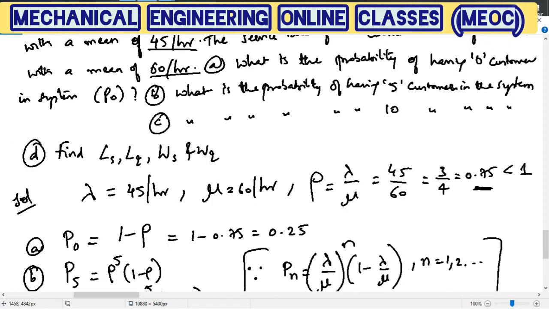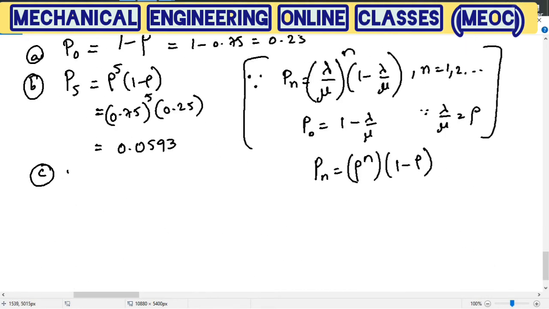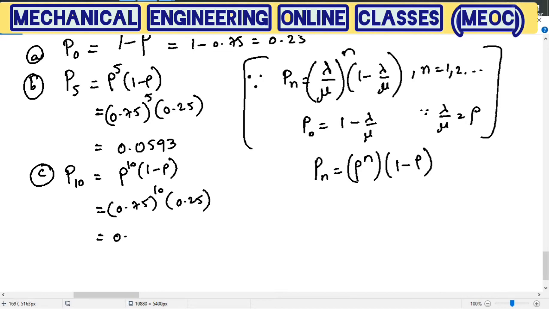And the next question is, what is the probability of having 10 customers in the system? Means N is 10. So this formula will become rho power 10 into 1 minus rho. It is 0.75 power 10 into 1 minus rho, which is 0.25. So this is 0.014078.